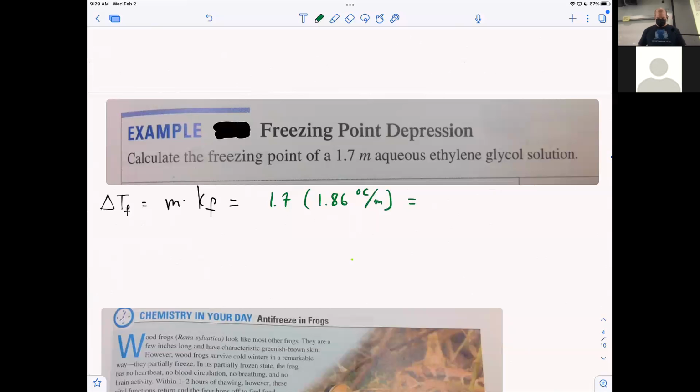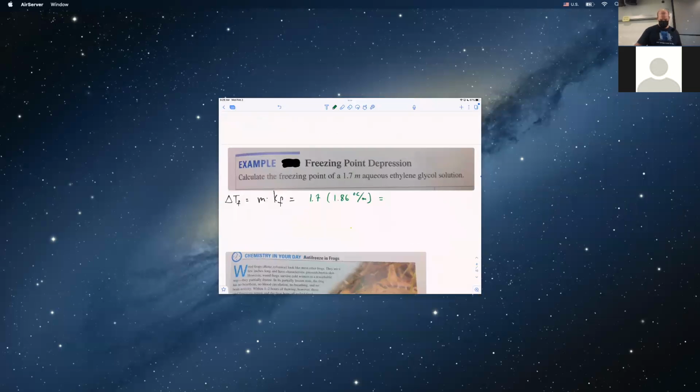And if you do that, it is going to be 3.2 degrees Celsius. And like I said, the most common mistake is students go, okay, 3.2, the freezing point is then 3.2 degrees Celsius. Done, move on.